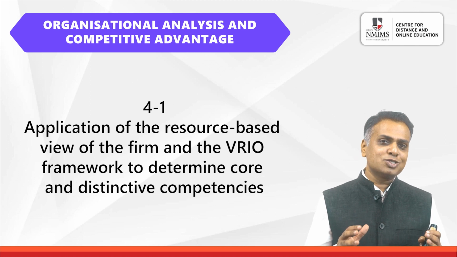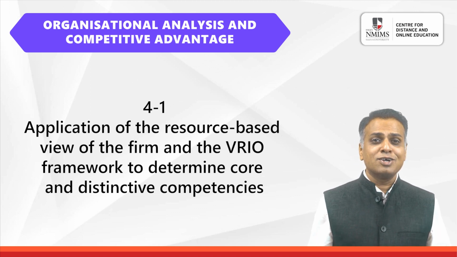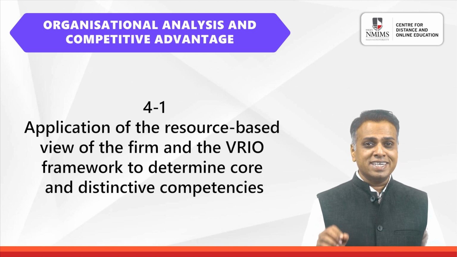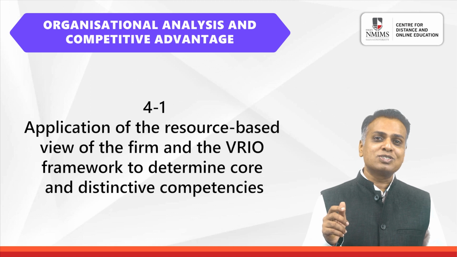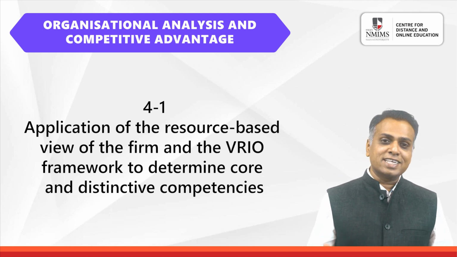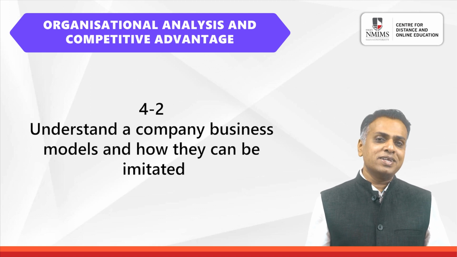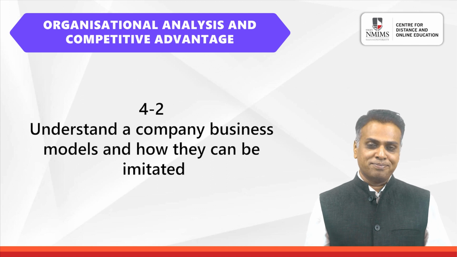So, the main idea is to know about core and distinctive competencies of an organization. Also, we are going to study in detail about VRIO framework, and this you are going to study in this particular video itself. And in section 2, you will understand a company's business model and how they can be imitated.